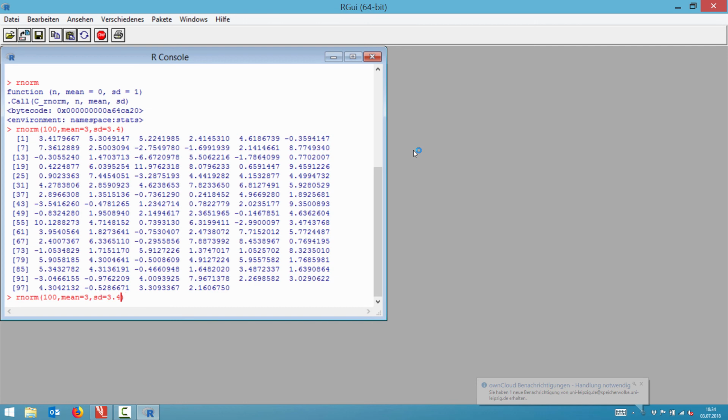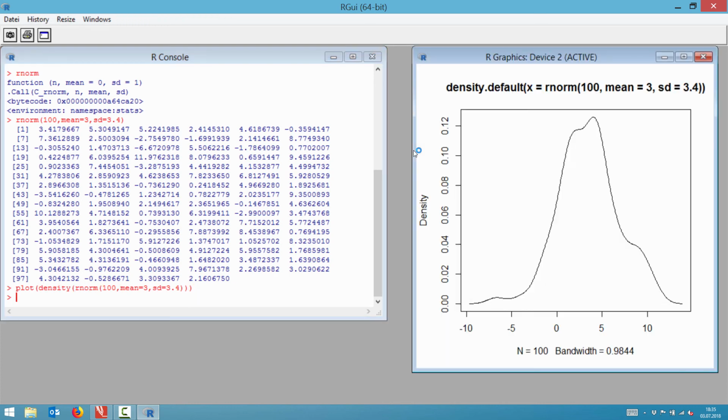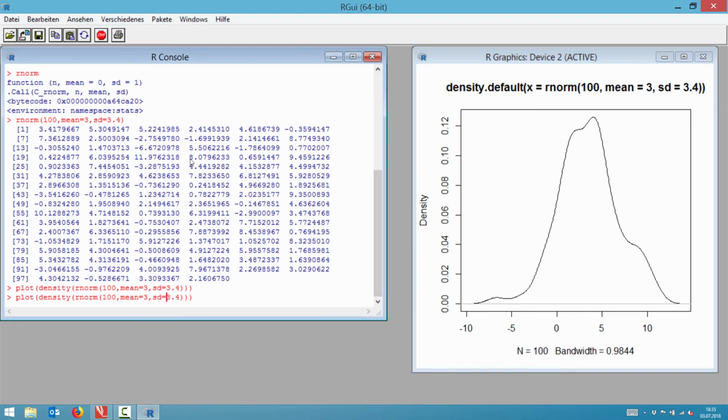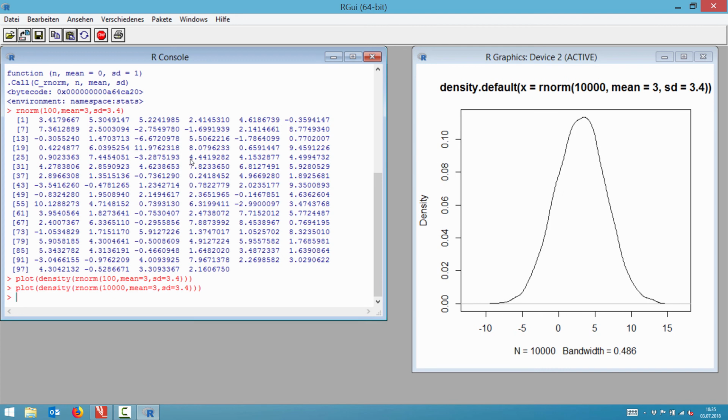If you now plot it, let's plot the density. Looks like a normal distribution, but with 100 values, this is not very good. Those are 10,000.